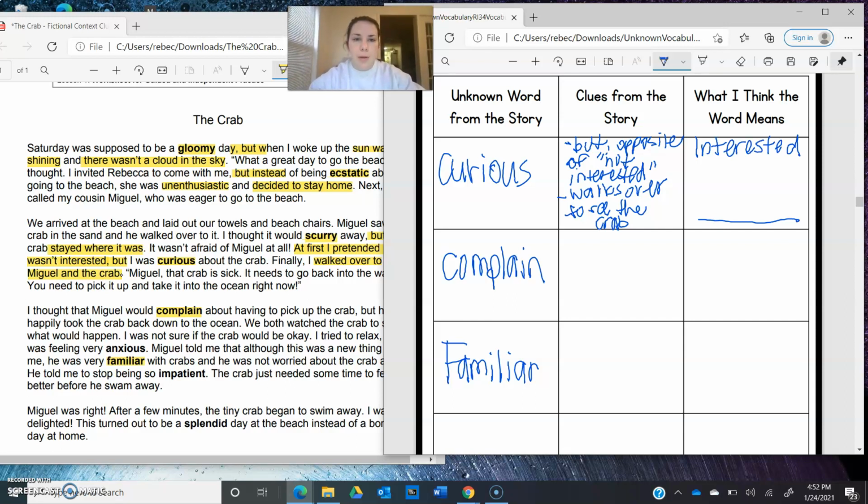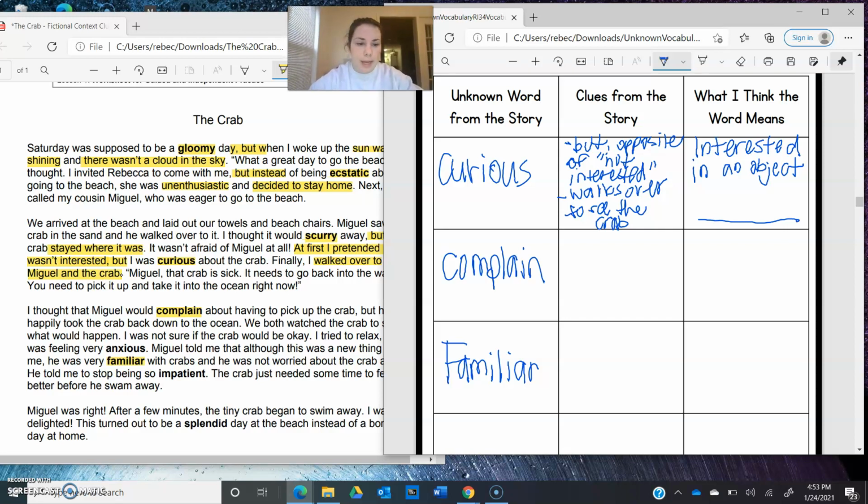And then maybe you put some more details like interested in, let's say, an object. In this case, it's an object. Or maybe you put another word for interested. But if you are confused, you could raise your hand, or let's try the next one and see if it makes more sense.